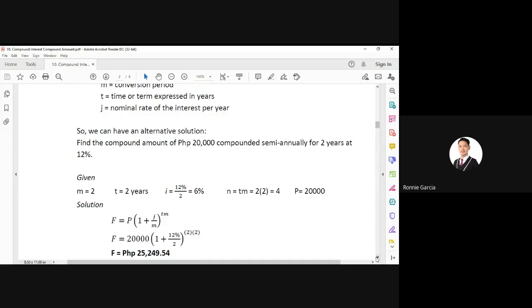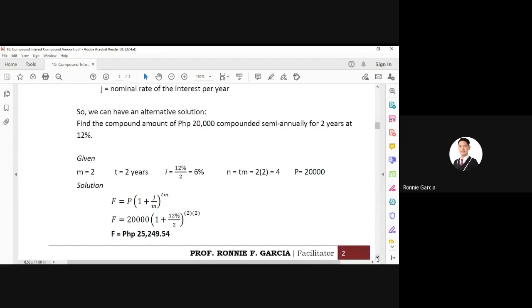So please get your calculators para ma-verify ninyo nga tama ba ning answer. Our J is 12% divided by our M because I is equal to J divided by M. 12% divided by 2 is 6%. Or pwede nimo diretso nag-express into decimal, that's 0.06. So 1 plus 0.06 dire.